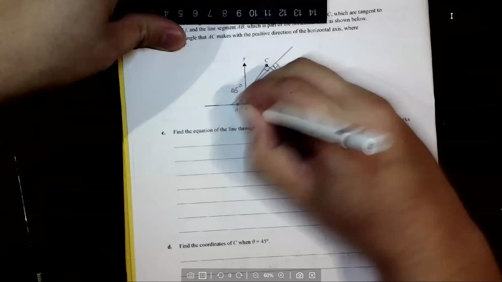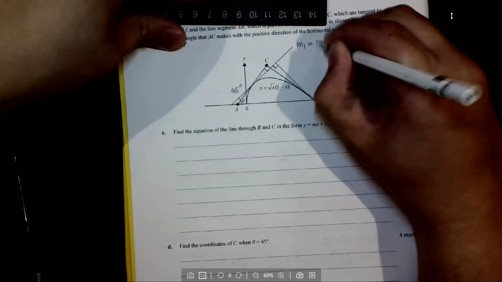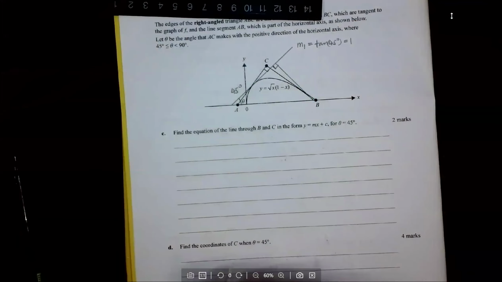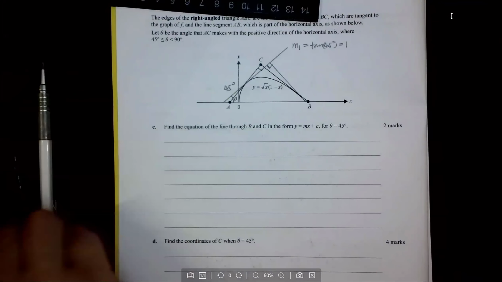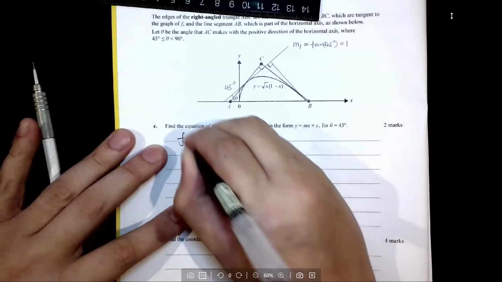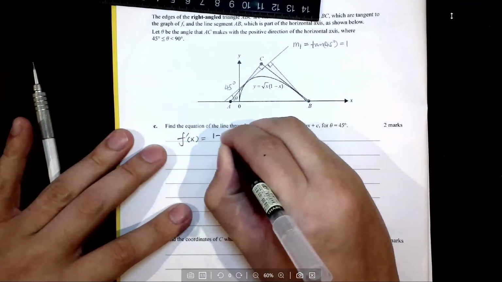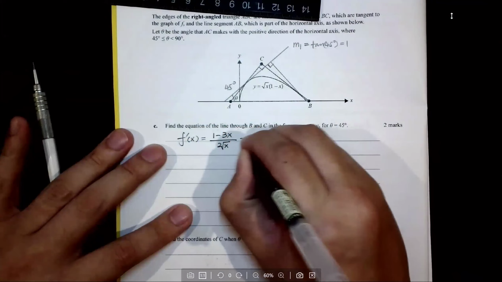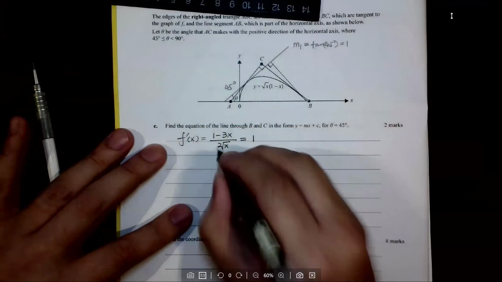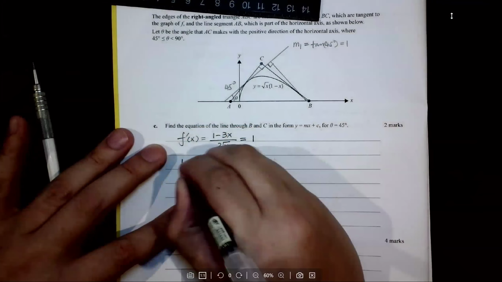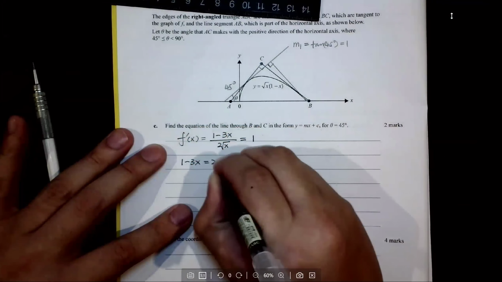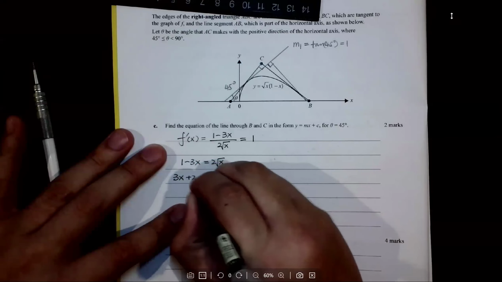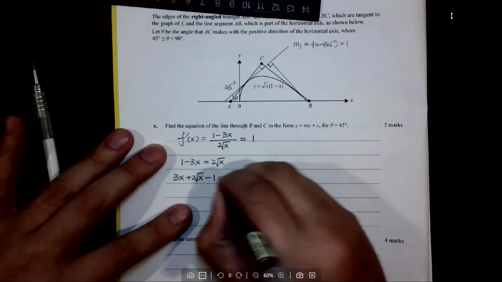So if that's 45 degrees, we say m1 equals tangent 45 degrees, which is 1. And we have obtained the gradient form from the previous part. So we just equate the gradient f dash of x, 1 minus 3x divided by 2 root x, equals 1. And then we rearrange this equation: 1 minus 3x equals 2 root x, and then push everything to one side: 3x plus 2 root x minus 1 equals 0.